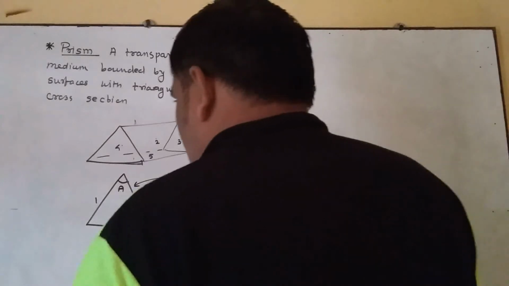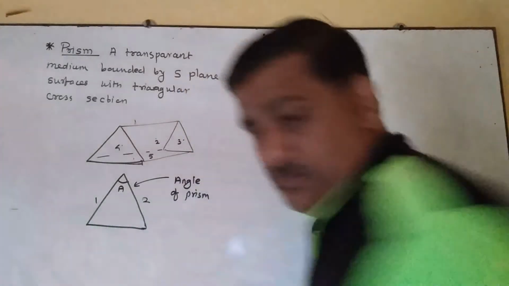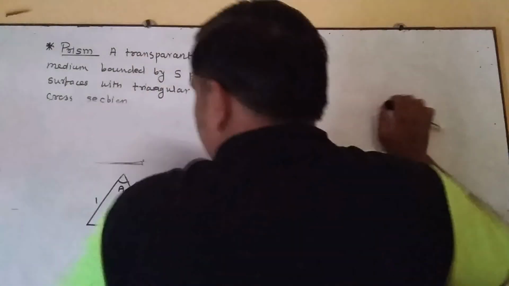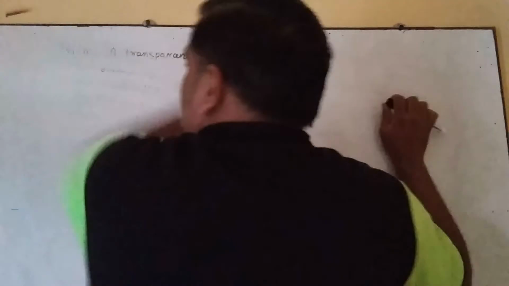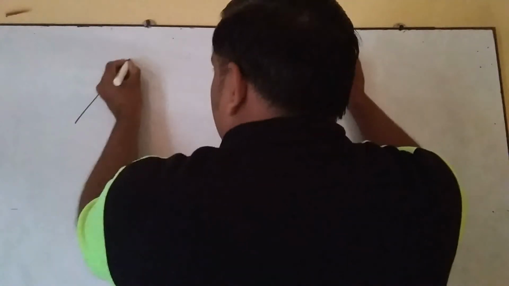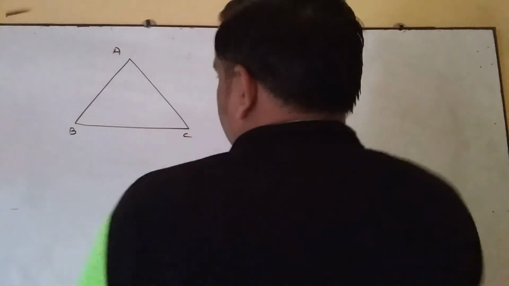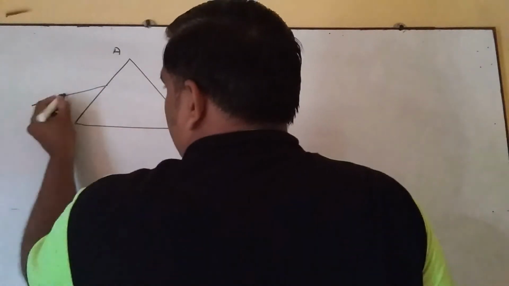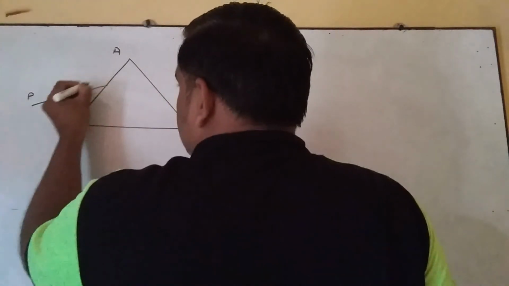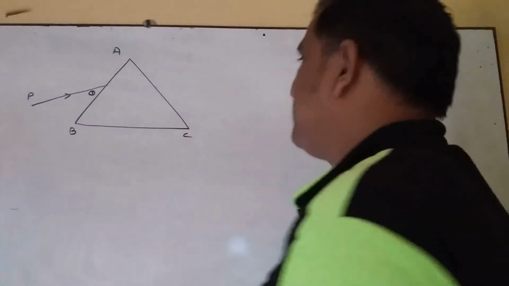Now let's see how the refraction of the light ray happens when it is incident on the prism. Assume that ABC is the prism or cross section of the prism. A ray of light PQ falls on the first interface of the prism, AB.